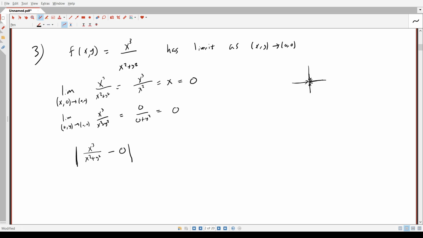And I want to show that the limit of this expression goes to 0. So I'm looking at the limit of this, and what I want to show is that this goes to 0.